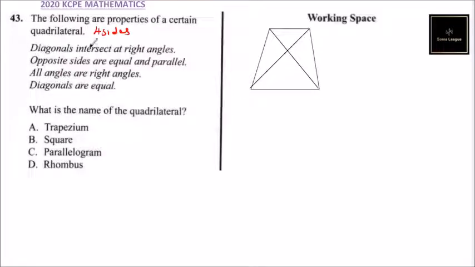We can see that. Then for opposite sides being equal, you can see the sides are not equal. So we can eliminate it; it is not a trapezium.